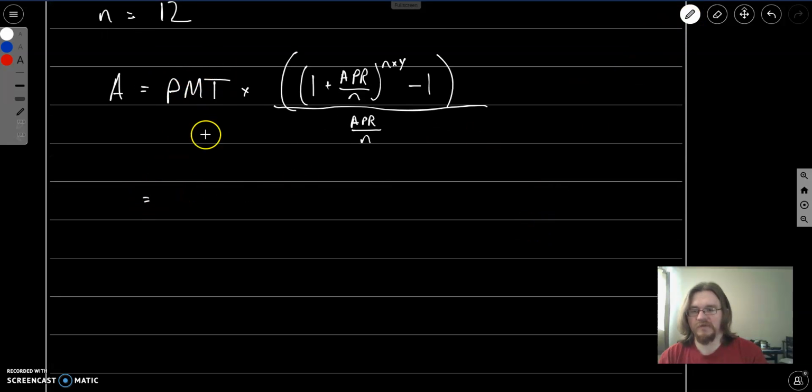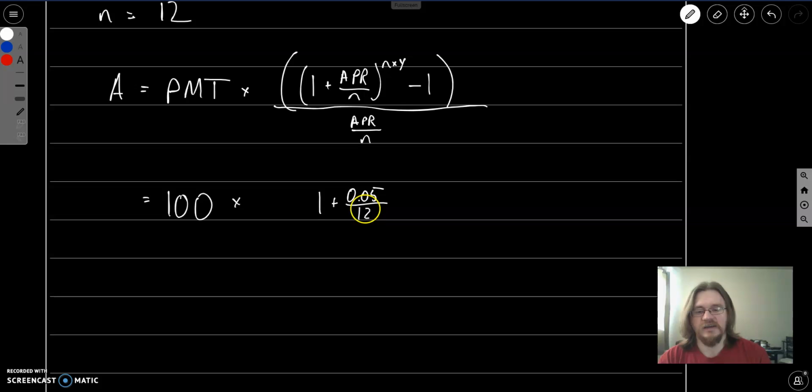So our monthly payments are going to be $100. And we're going to take this times this big fraction. So this is going to be 1 plus our interest rate, which was 0.05, it's at 5%, divided by 12, since we're paying this 12 times a year.